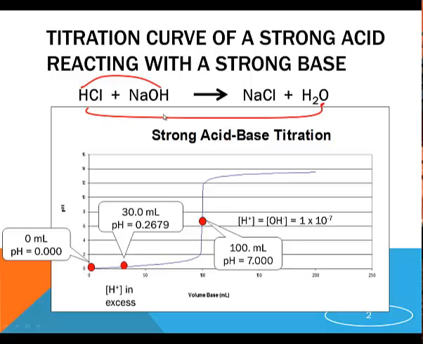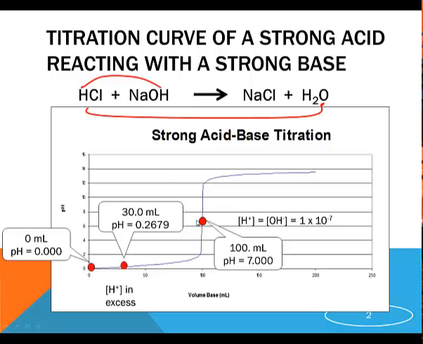Once we had divided by the total solution volume of 200 mLs, that got us to a concentration of 0.5 molar for both the HCl and the sodium hydroxide. They completely consumed each other. And at that point in the titration where the strong base completely consumes the strong acid and there's no more strong base left, we call that the equivalence point, where we have stoichiometrically equivalent amounts of both acid and base.